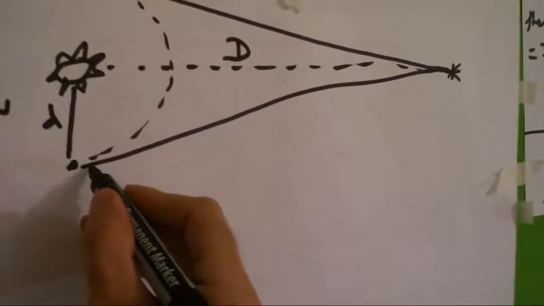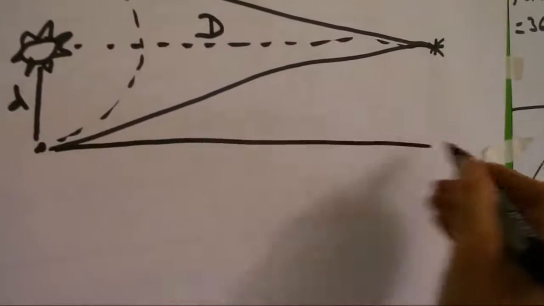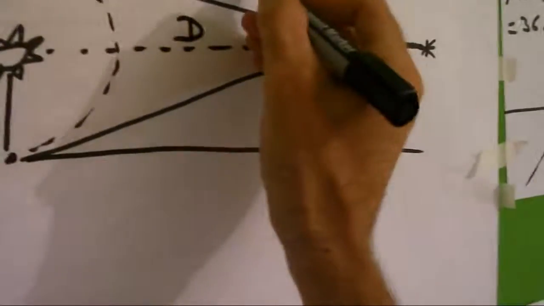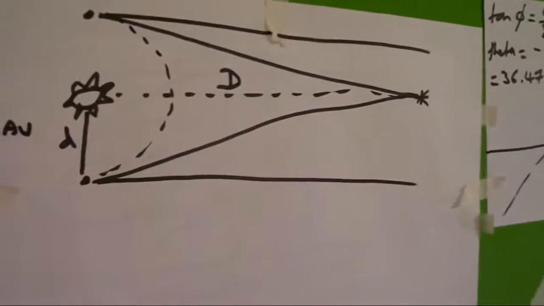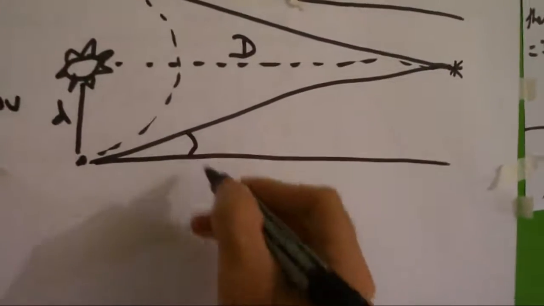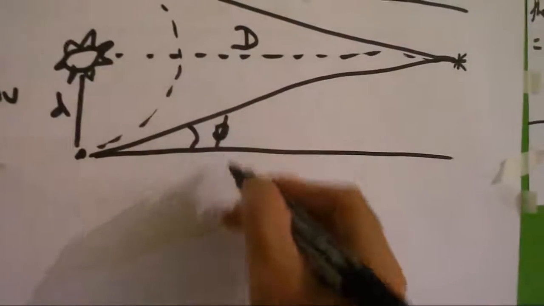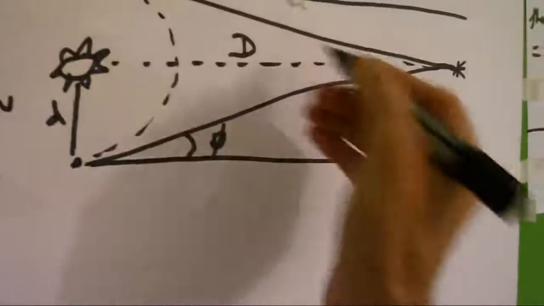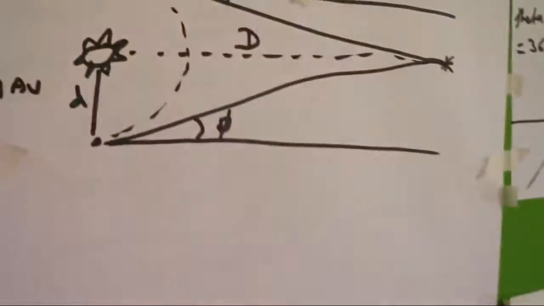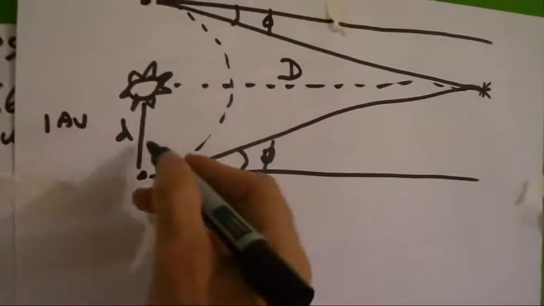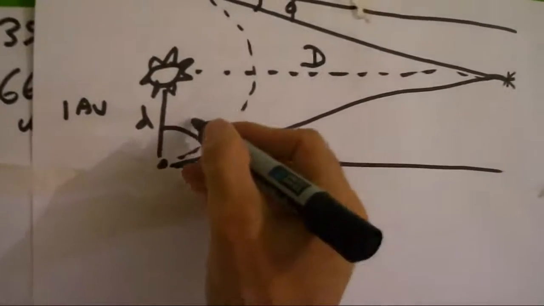Right, there's a fixed point in space here, and there's also another fixed point in space up there as well. Okay, so we've got this angle here, which is theta, which is also this angle here, which is theta. And we also have a right angle here, which is 90.